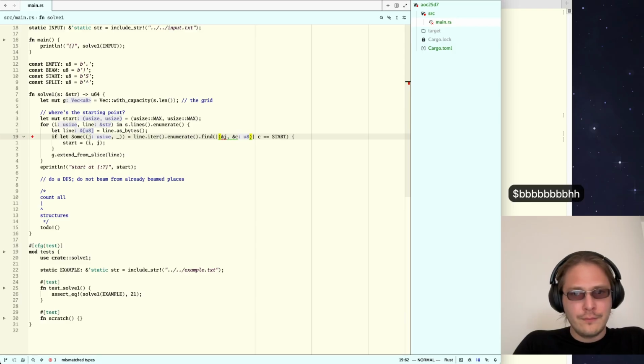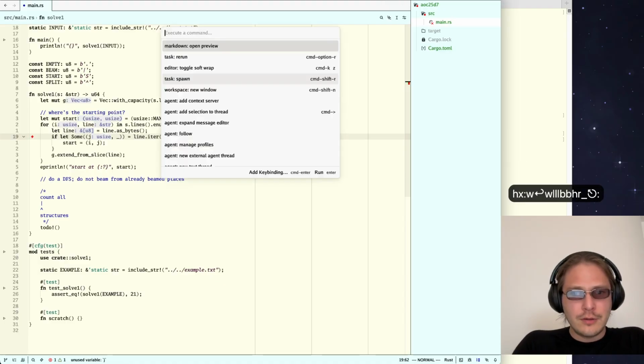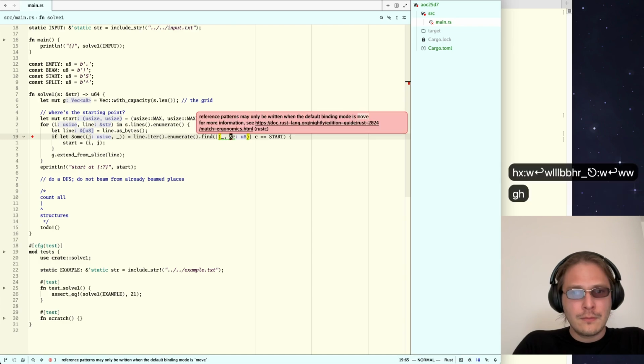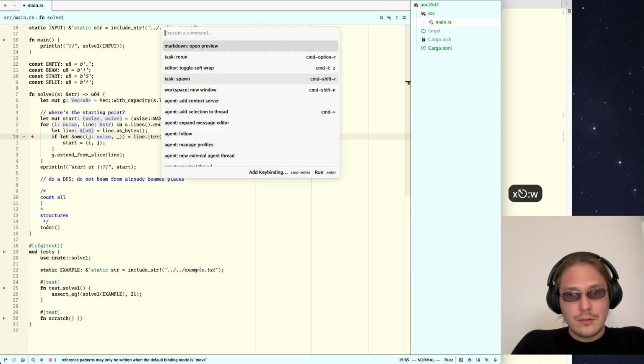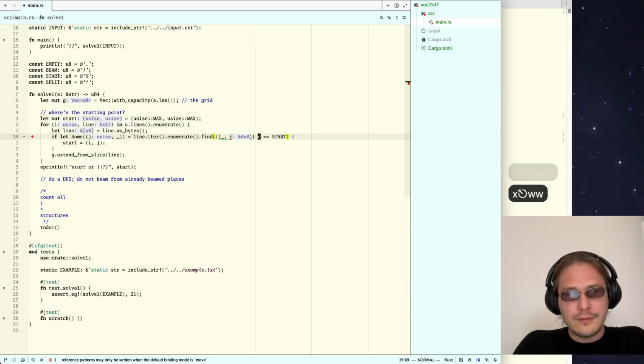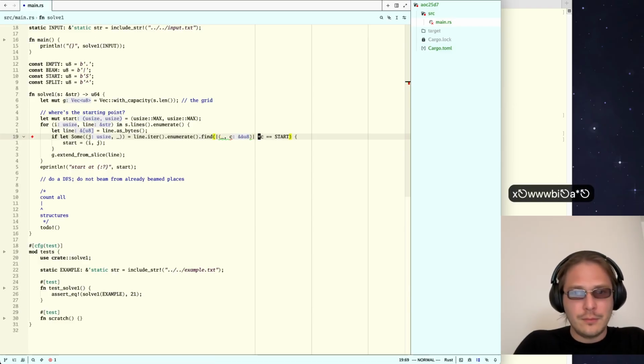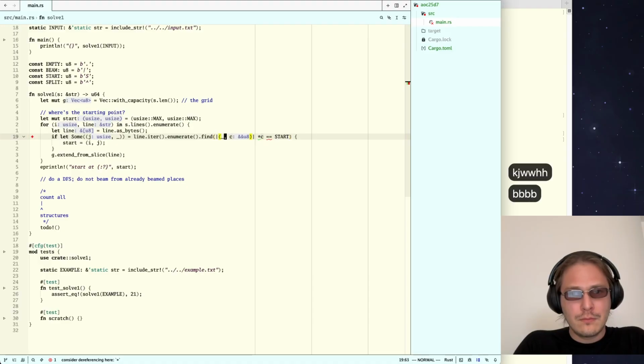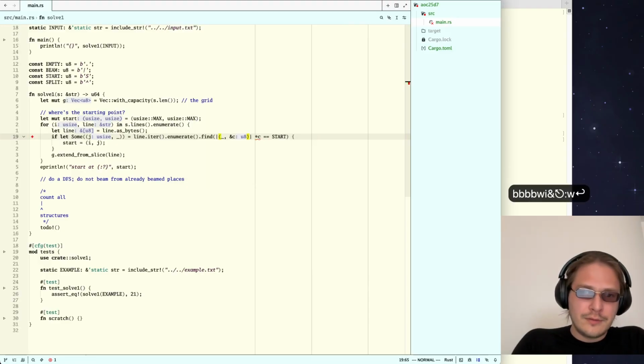Oh, you copy it? Actually, I don't care. Oh, Rust, really? Please stop. Rust, come on.